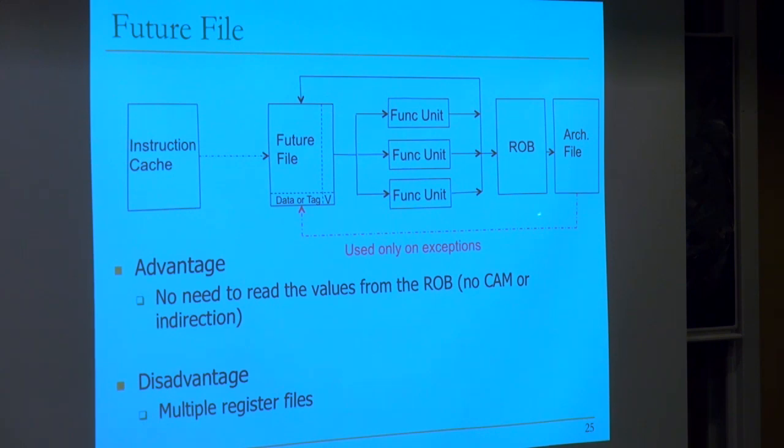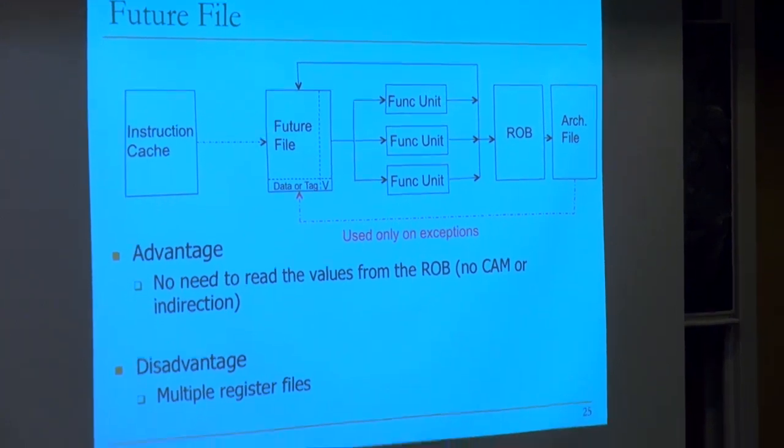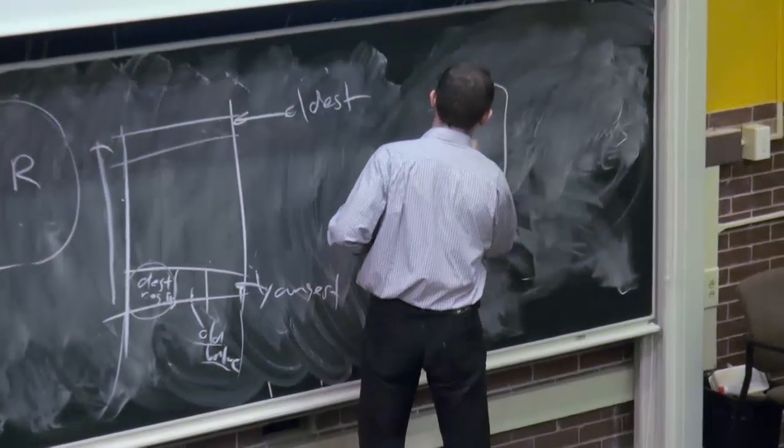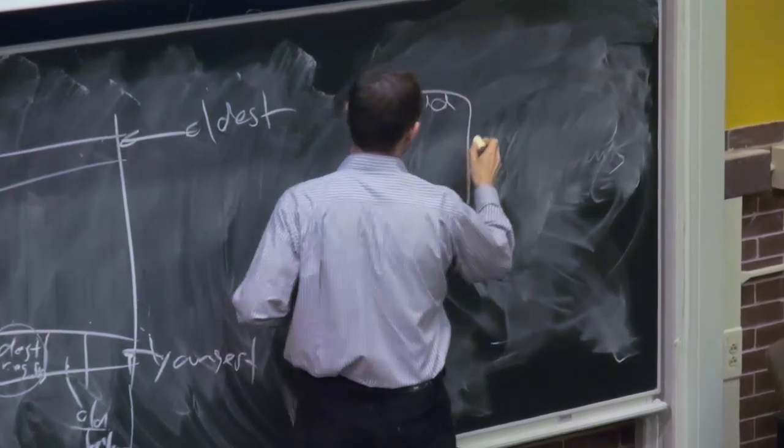And this architectural register file is restored into the future register file only on exceptions. Basically, when an exception happens, this future file state is speculative now, right? You've already updated it with later instructions. But the architectural file contains the precise state. So basically, all you need to do is to ensure that the instruction is the oldest in the machine. Now your state in the architectural register file reflects the state. Let's say you have this add that's oldest in the machine.